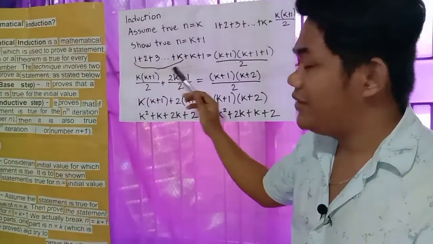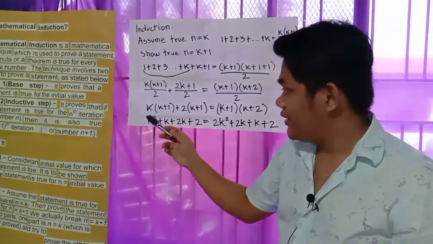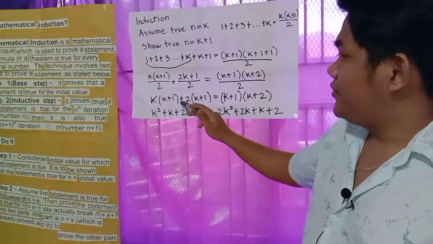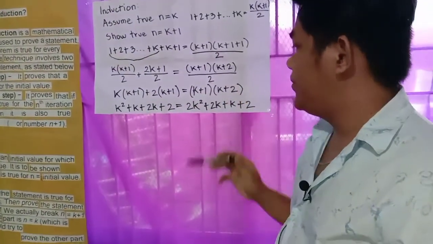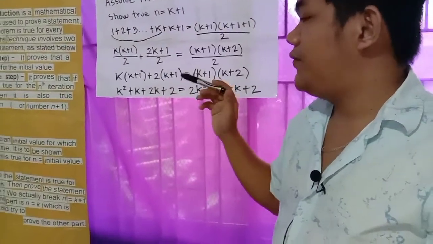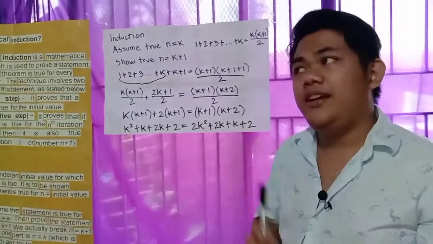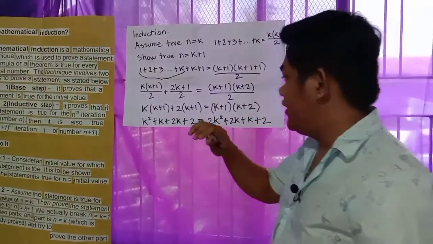You need to copy the numerator because the denominators are the same. So, k, copy k plus 1, plus 2 k plus 1 equals k plus 1 times k plus 2. In the final answer, you need to distribute, combine like terms, FOIL, any method of algebra you can apply.